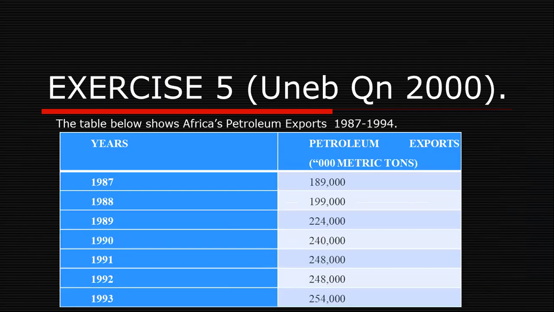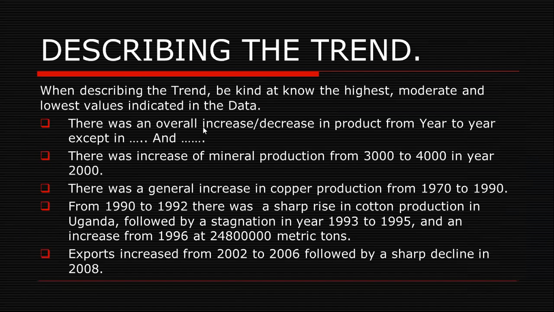That you are going to write something that is showing that there was an overall increase in the product. The other side, if it is mineral, then you will say there was an overall increase in the mineral or crop production from 1992 to 1994. If it dropped, then you say except in this year and this year.